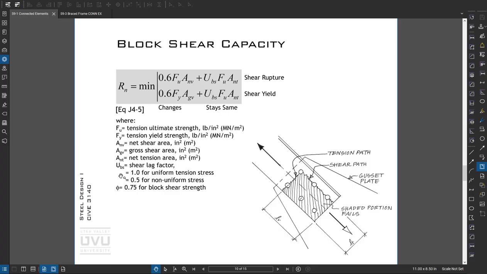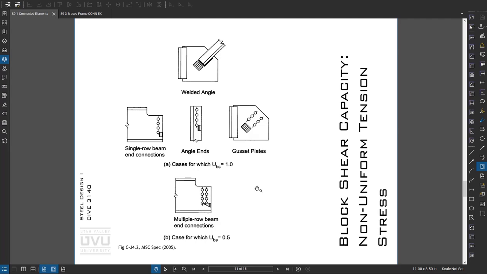UBS is a shear lag factor. So if we look at this figure from the commentary in the spec, you can see cases where UBS is 1, which generally tend to be single rows of bolts or double in a gusset, or UBS is 0.5, in this case at the end of a beam with a double column of bolts.